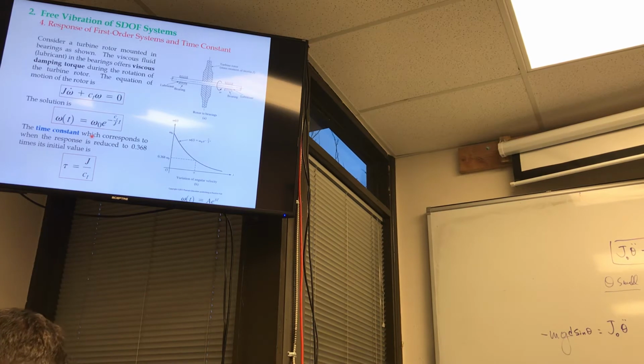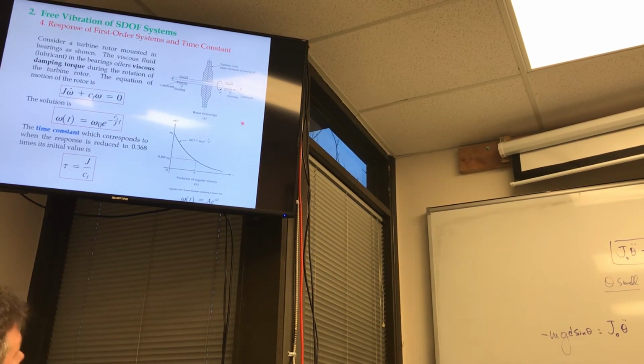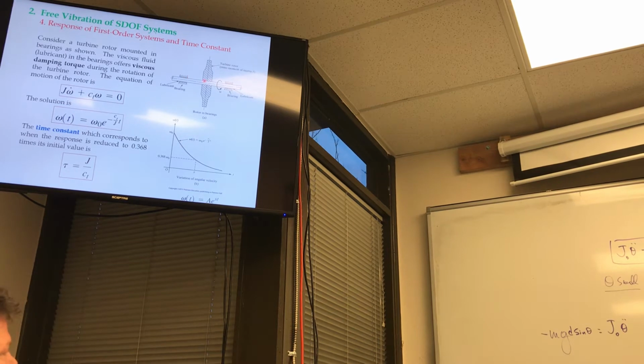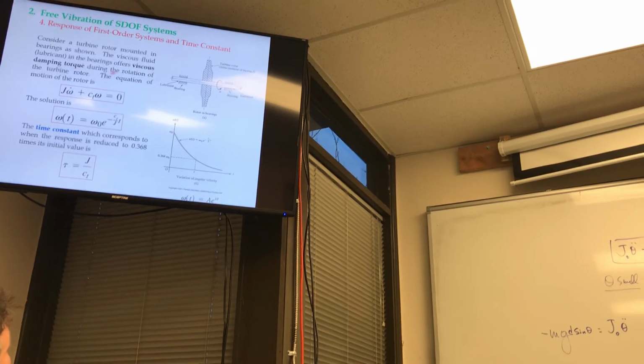Now, if you consider, for example, a turbine rotor that you see here, that has a certain mass moment of inertia, J, and then you have the viscous lubricant in the bearing that offers viscous damping torque during the rotation of the turbine motor.